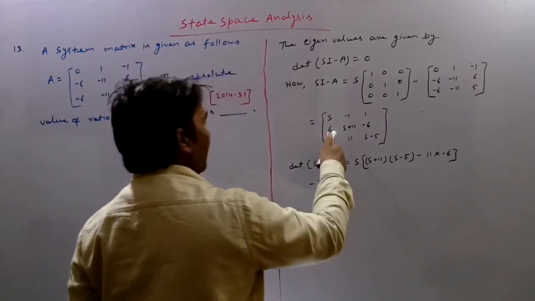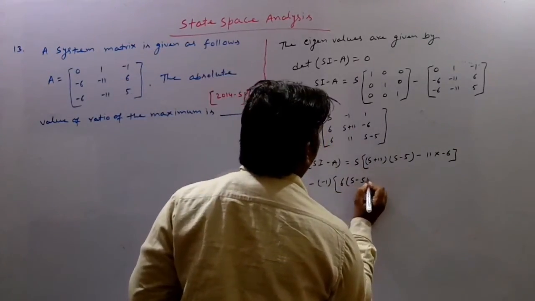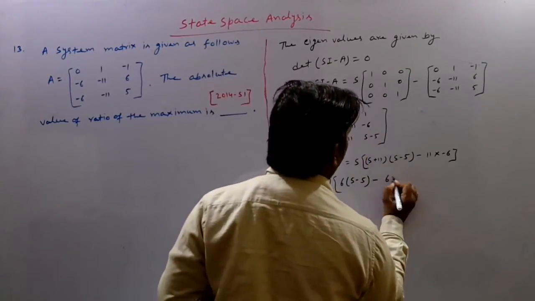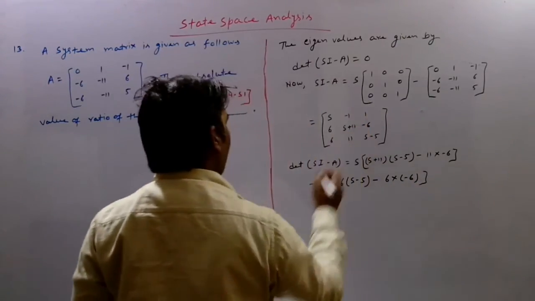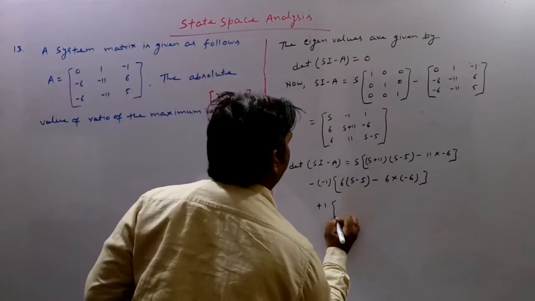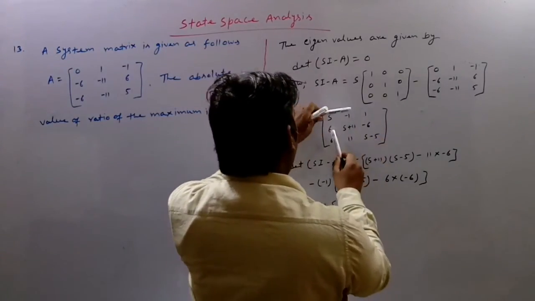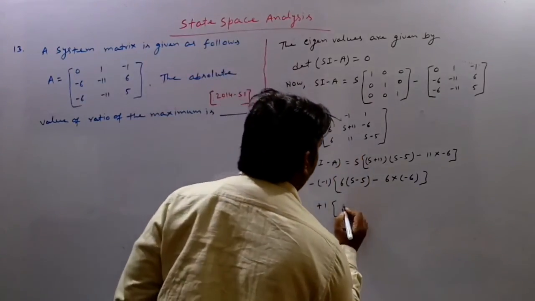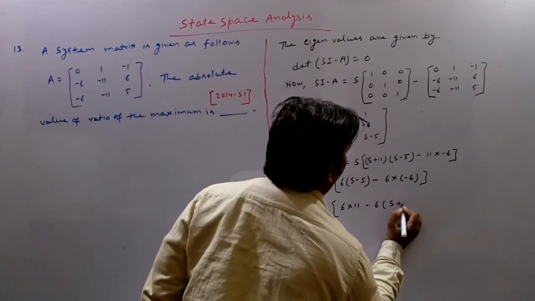So it will come 6 into (s minus 5) minus 6 into minus 6. Again plus 1 into, if we cover the third column and the first row, then it will come 6 into 11 minus 6 into (s plus 11).